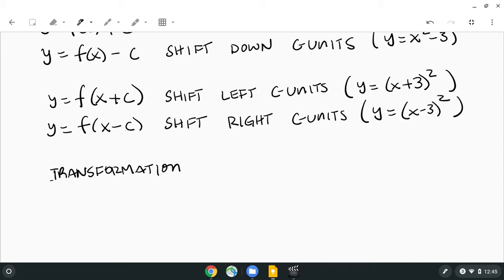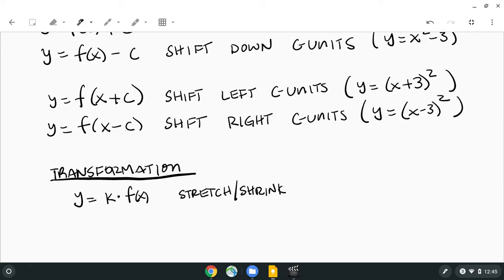And so this happens when you take your parent function, whether it's x squared, x cubed, or absolute value x, and you multiply it. Okay, so take whatever parent function, multiply it by some number k. And this could stretch it or shrink it, widen it, but it changes the shape.